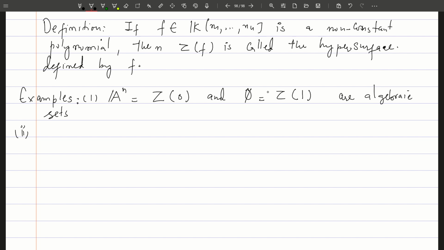Similarly, any point P, say equal to the n-tuple (a1, ..., an), in the affine space is also an algebraic set.